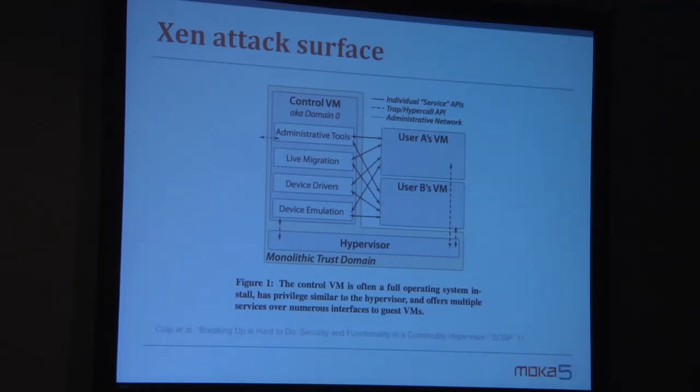So this graphic is taken from some folks who basically concluded there was no good way to reduce the size of a trusted code base. And so they said, we're just going to split it up as a research project. We're going to split it up and reboot all of the components we can as micro domains as often as we can, in the hope that we'll reboot it before anything happens. The paper title was "Breaking Up Is Hard to Do," and they couldn't come up with anything better.